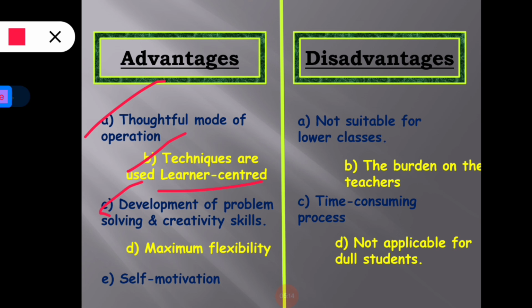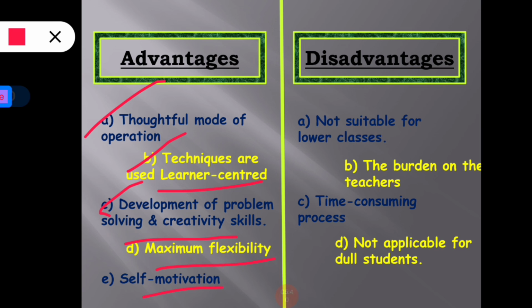Now going to the third one, there is development of problem solving and creativity skills, and this is the main focus of this level of teaching. Now the fourth one is maximum flexibility, obviously, because students participate actively in learning. And the last one is self motivation.